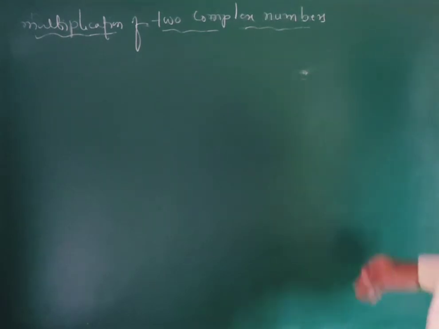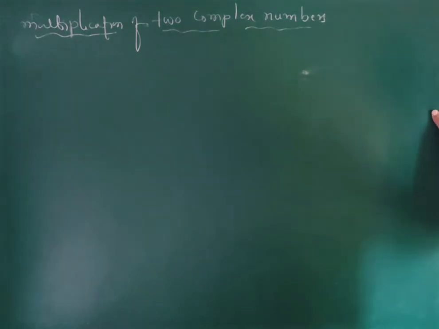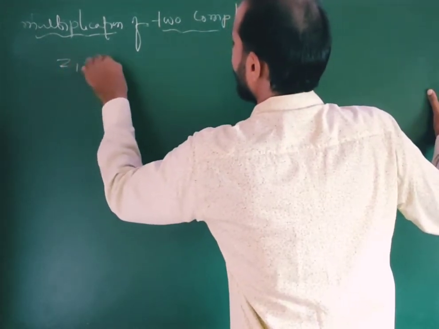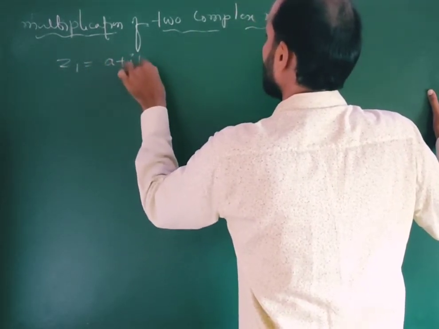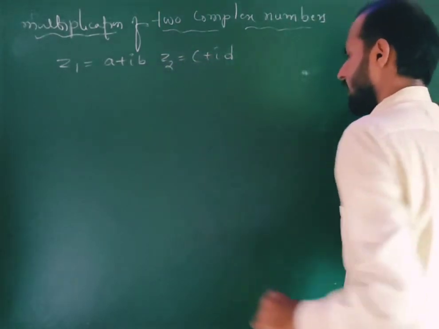Here also let us consider two complex numbers, z1 and z2. z1 equals a plus ib, z2 equals c plus id, right?